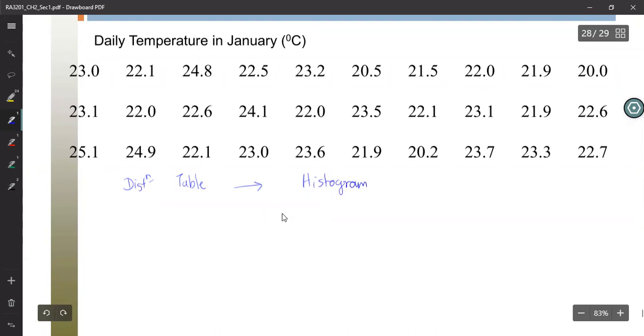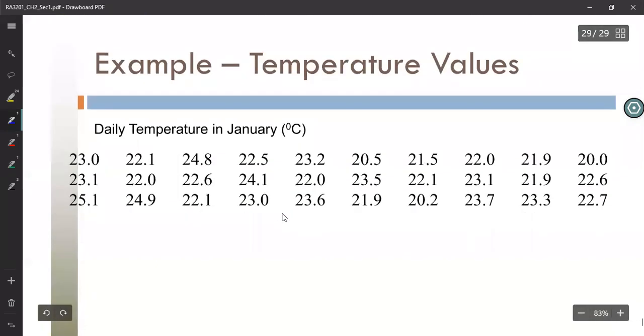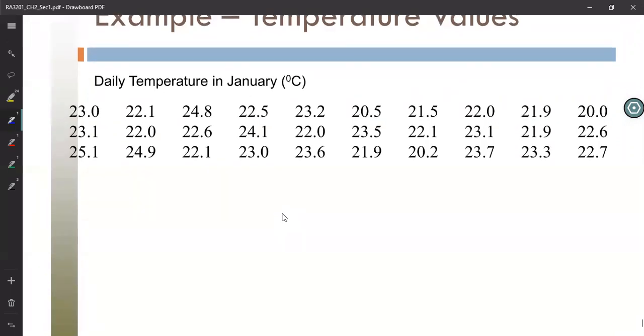But now let's try to find the minimum and the maximum, and let's try to draw the stem and leaf plot for this data set. Okay, we have about 15 minutes.